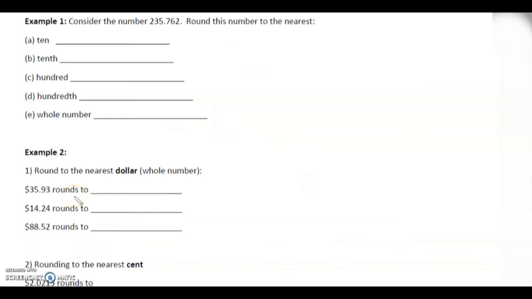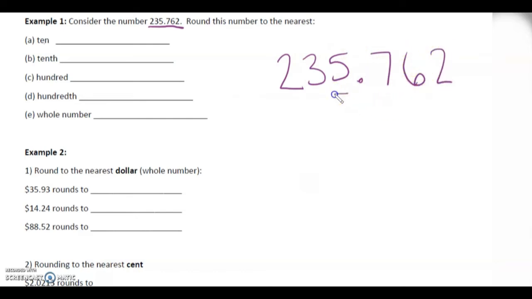Okay, so now we're going to consider the number 235.762, and we're going to round to the nearest. First, we want to round to the nearest 10. So I'm going to write this really big so we can organize our ideas. 762. So the tens is right here. It's a 5.